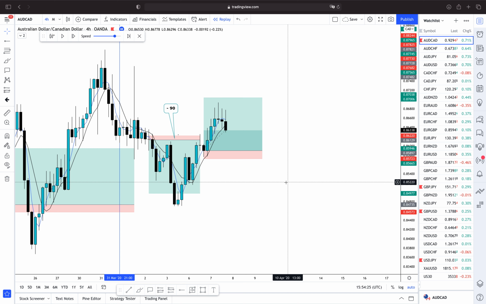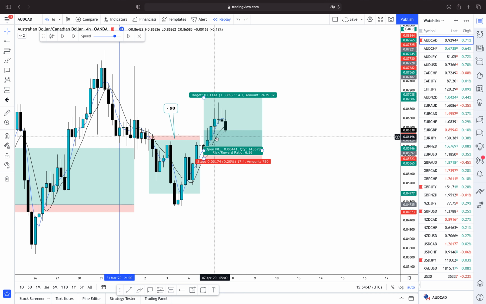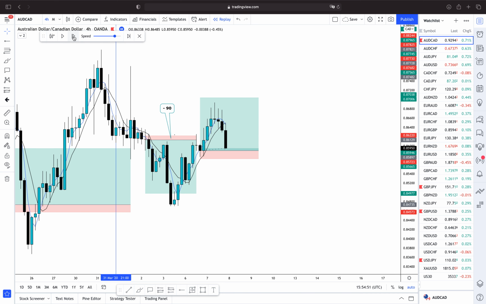The only reason I do this is because I don't want to stay in a huge drawdown. As I said in my previous video, I'll be trading lots of currency pairs together. When I have entries in every currency pair, it will get really difficult. So that's the only reason. I just don't want to keep my stops bigger. I'll just move it aggressively.